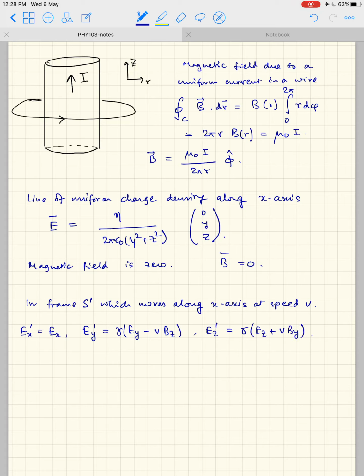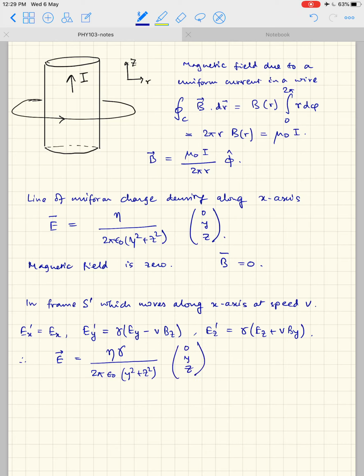So therefore, what is going to happen now? Here the magnetic field is 0, so the electric field simply becomes gamma eta by 2 pi epsilon naught, y squared plus z squared, 0, y, z.